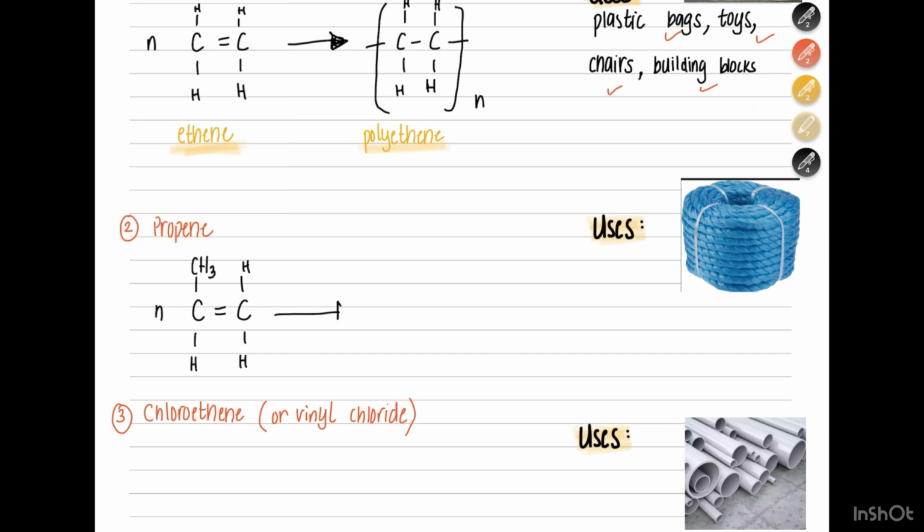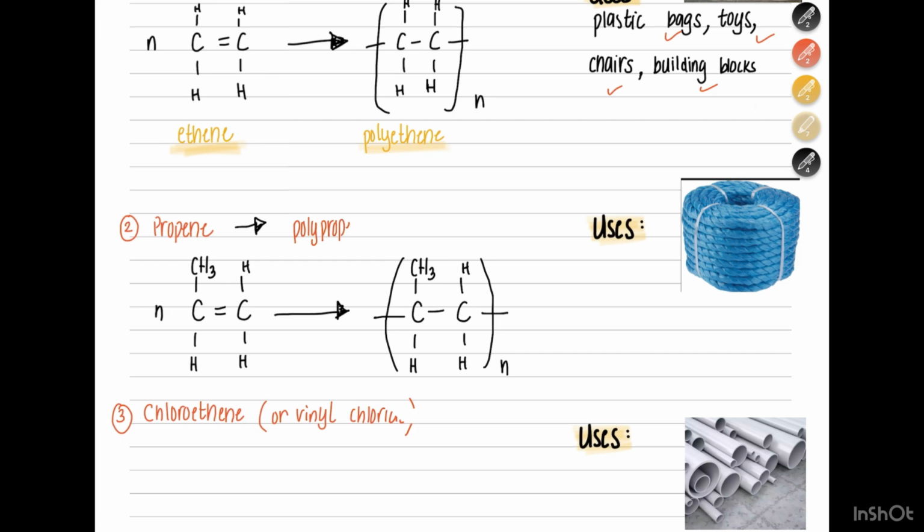So this polymerizes into polypropene. Break the double bond, extend the lines, and write n. So what happens? Propene is converted into polypropene.